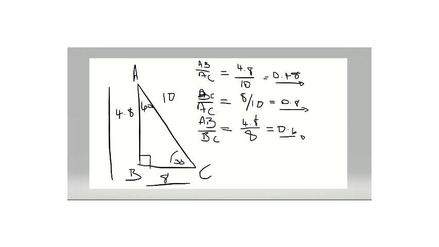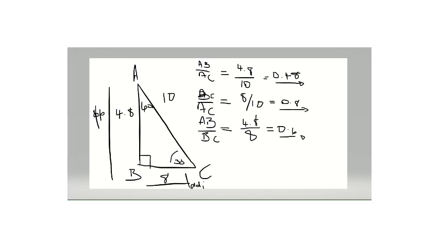Yes, Celulego says BC is adjacent. Right here it's adjacent. And what about AB? Yes, AB is opposite.